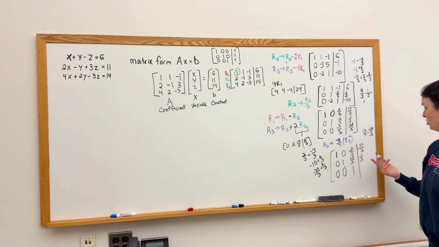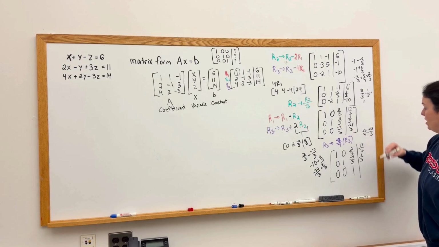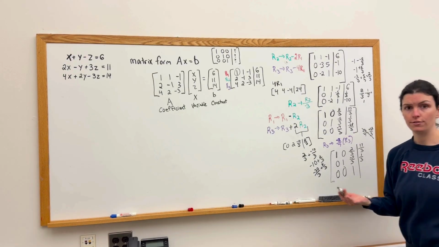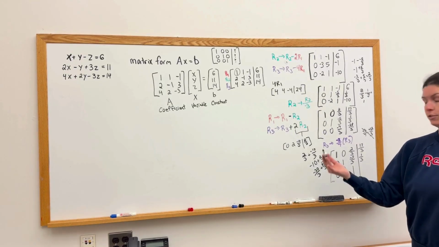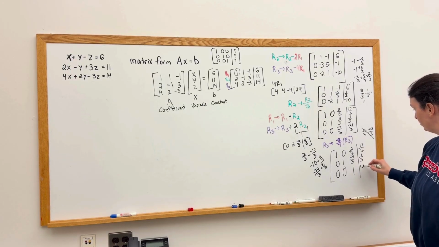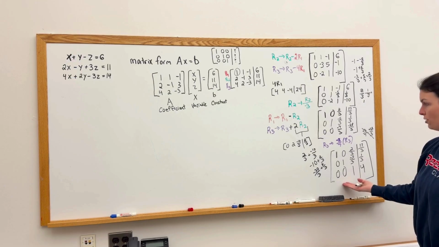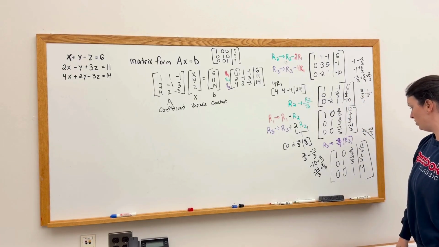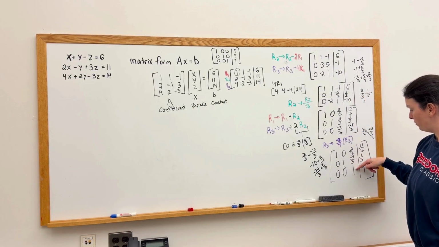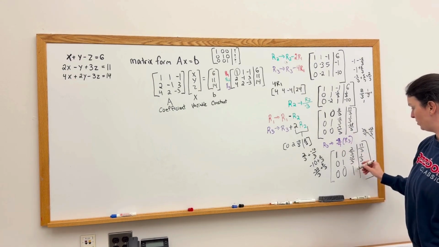The negative signs cancel each other, so it's positive, and the 3's cancel each other, so now we just have 28 over 7, which comes out to 4. Makes it pretty easy. Yay! So now the third row is looking pretty good. We have 0, 0, 1, which is what we want. So now the last step is just getting rid of everything above this third pivot. Our third pivot's right here.